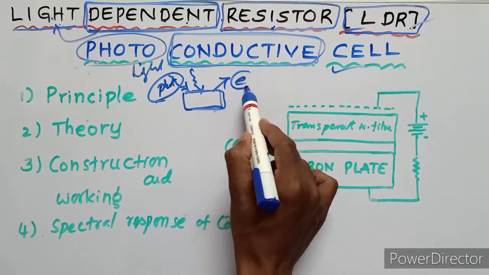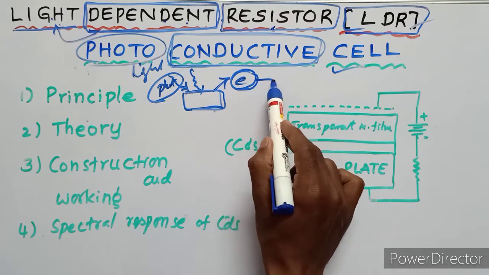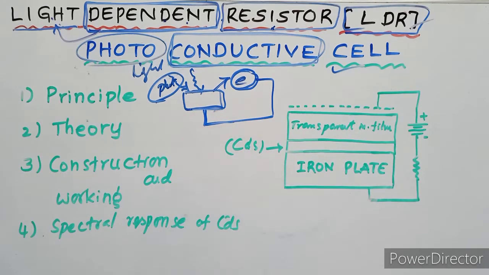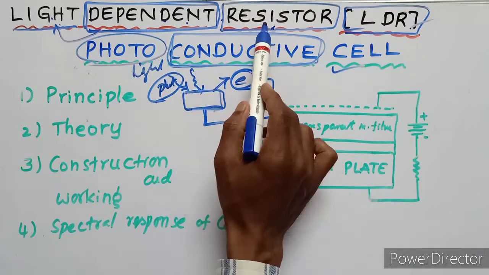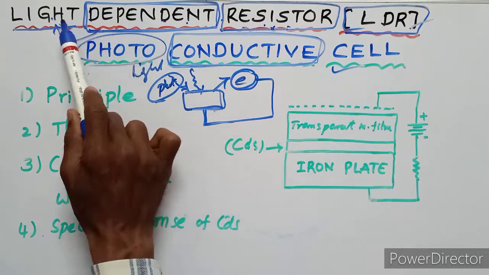If electrons are emitted, that metal is converted into a conductor. In the same way, the resistance depends upon light.